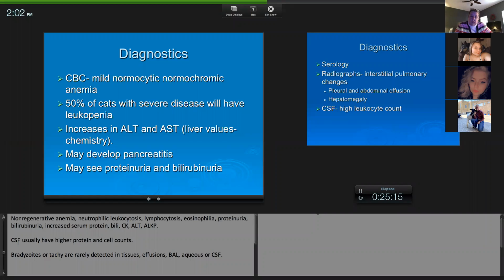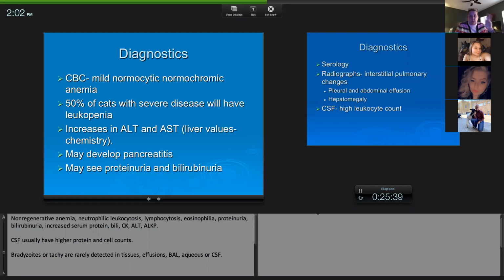So if you do a CBC and a blood smear and you have an animal that's anemic, if you have polychromasia, it means your red blood cells are different colors. Normally that's a good sign, because immature red blood cells pick up a different amount of stain than a normal size red blood cell.